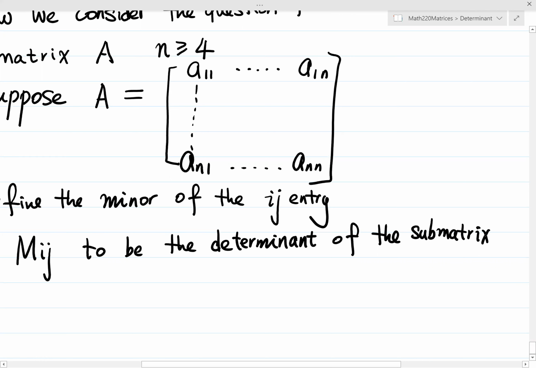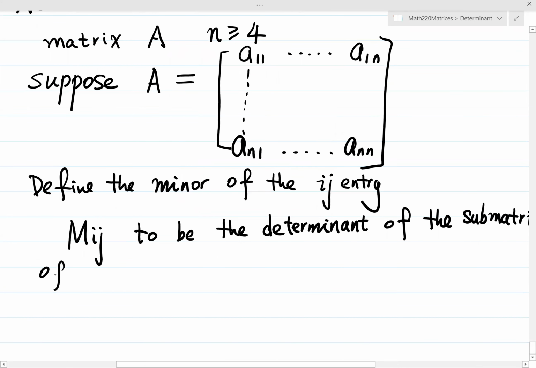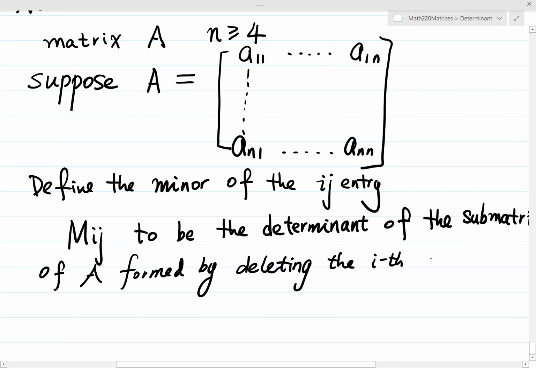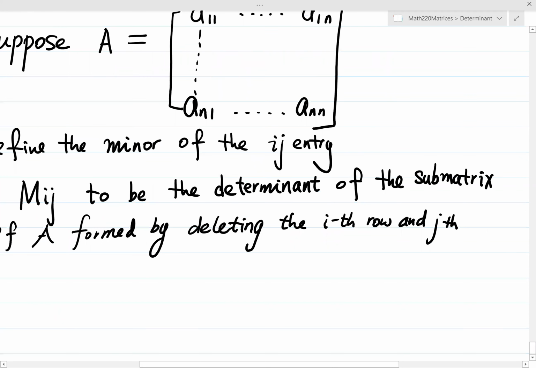So the minor Mij is the determinant of this submatrix of A, formed by deleting the ith row and jth column, i.e. the row and column that contain the ij entry.